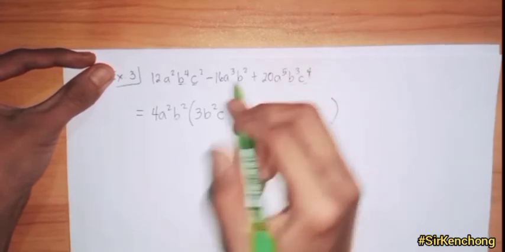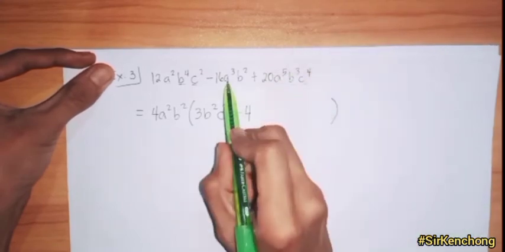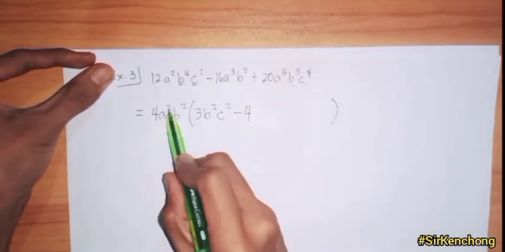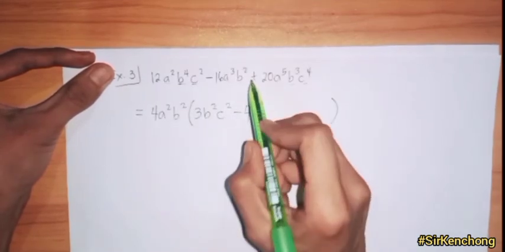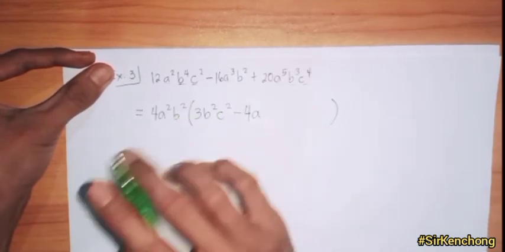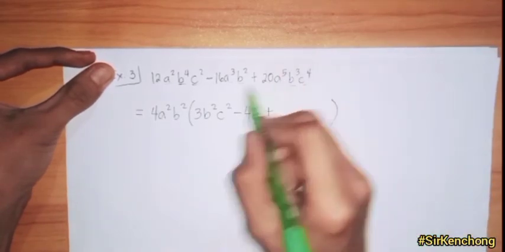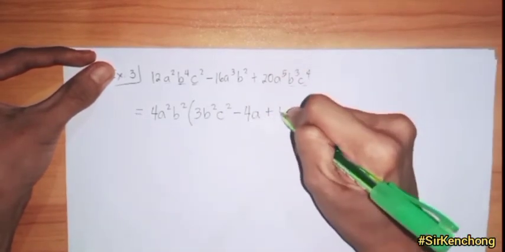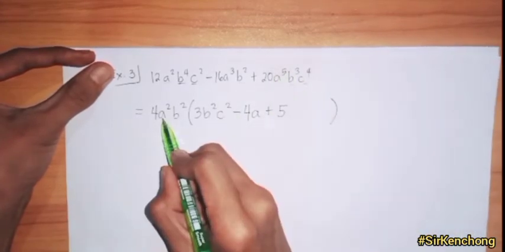Next, minus 16 divided by 4 is 4. A cubed divided by A squared. Meron pang isang A na naiwan. Kasi 3 minus 2, A. B squared divided by B squared. Wala nang B na naiwan. Plus, 20 divided by 4 is 5. A to the 5th power divided by A squared.